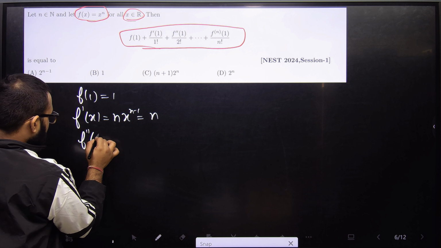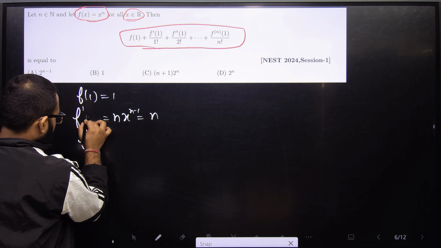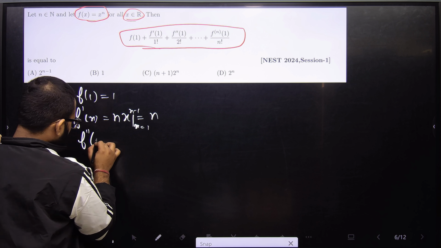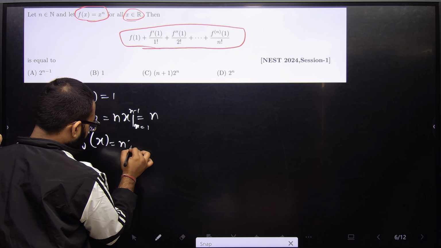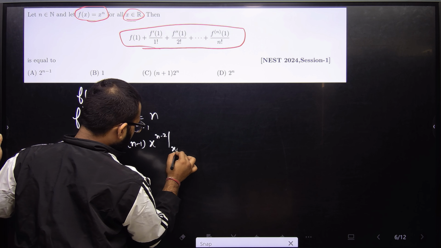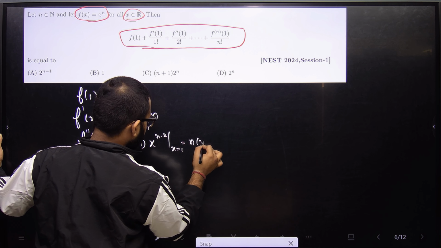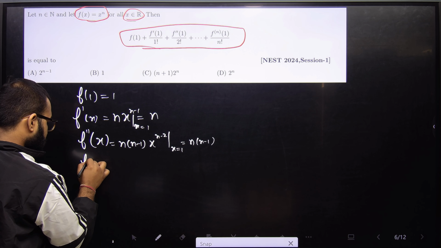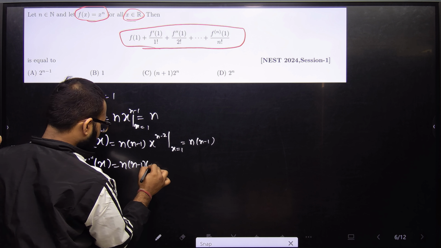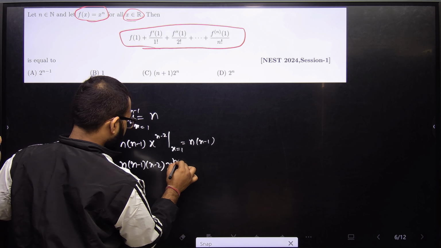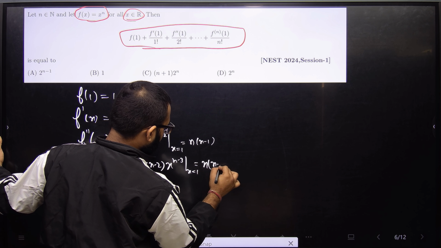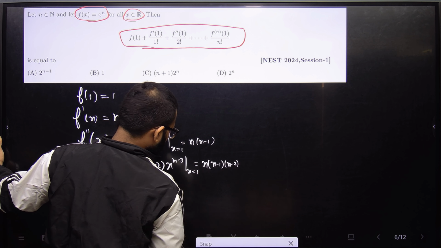For f''(x), at x equal to 1, f''(x) is n(n-1) x^(n-2), at x = 1 that's equal to n(n-1). So f'''(x) is simply n(n-1)(n-2) x^(n-3) at x = 1. So we can simply write it as n(n-1)(n-2).